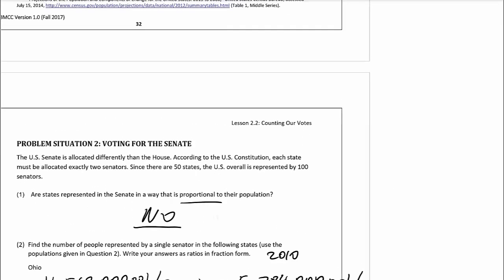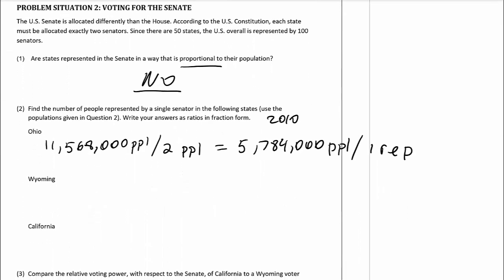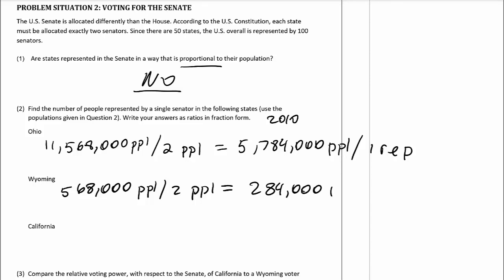In Wyoming, that number is much smaller. Wyoming has 568,000 people. You divide that by 2, so one senator represents a much smaller number of people, which is 284,000 people per representative.